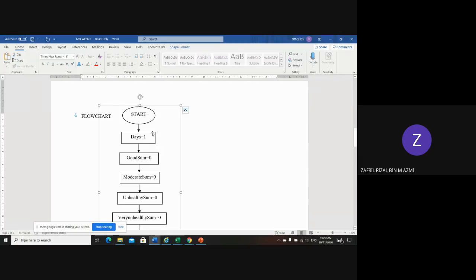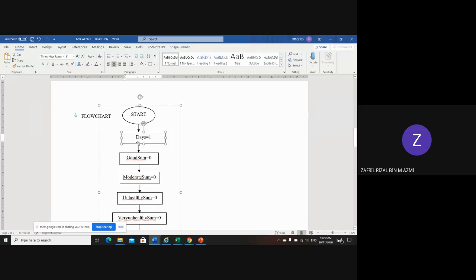The first one is the counter. What do we call this? There are three elements needed for looping. The first one is the counter initialization.